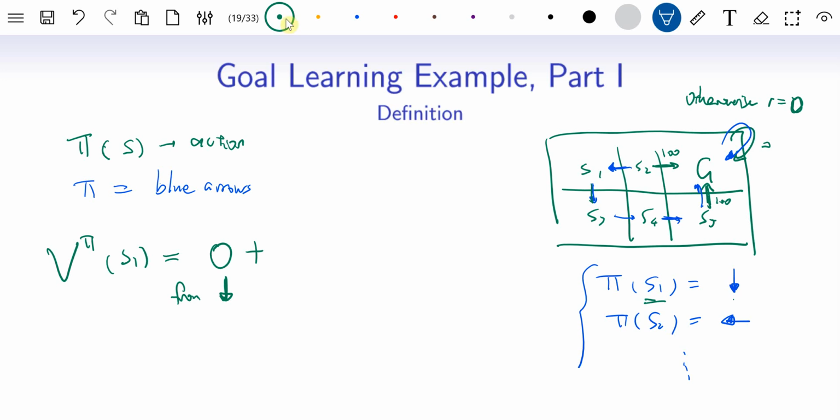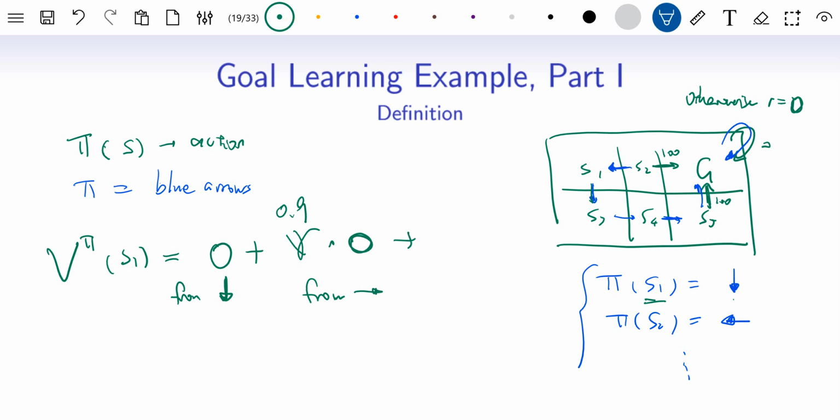In the next period, the value is going to get discounted by gamma. For example, if gamma is 0.9, I'll just put 0.9 here, and it's multiplying by the next policy function. So pi of S3 is going to the right. This is the reward from going right, which again is 0.